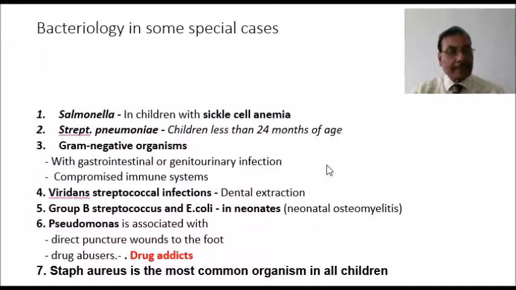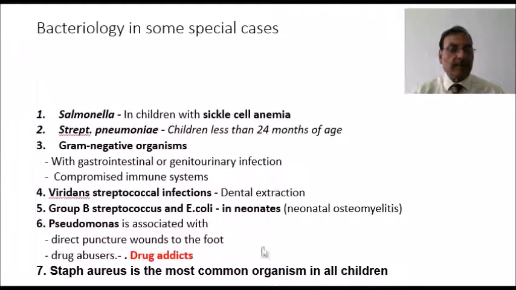There are bacteria which are called virulent streptococcal infections. They usually come from dental extraction, and these bacteria are the common pathogen there. The group B Streptococcus and E. coli are common in neonates. That is also called neonatal osteomyelitis.